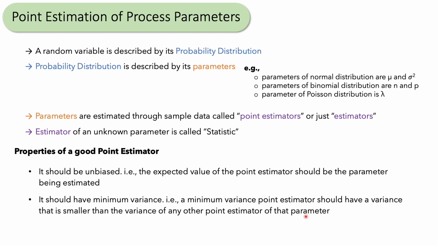For example, you have 15 different samples and you are making measurements to get a point estimator for a certain parameter. Out of all those you will choose the one which has minimum variance. So these are the two properties of a good point estimator.